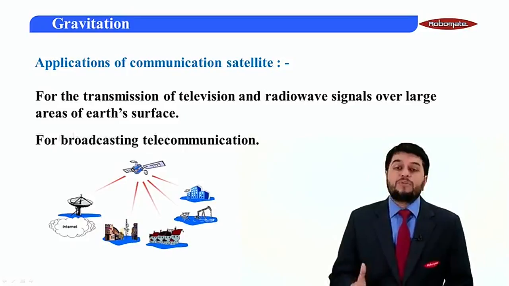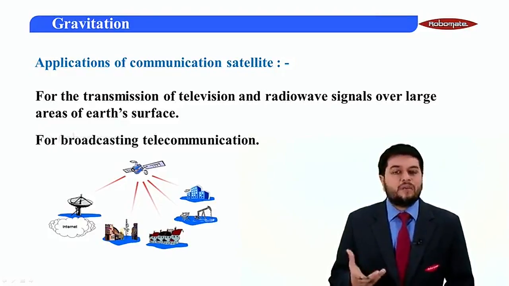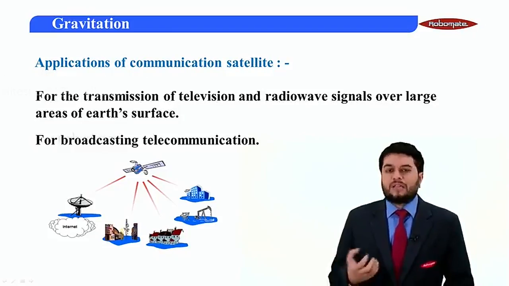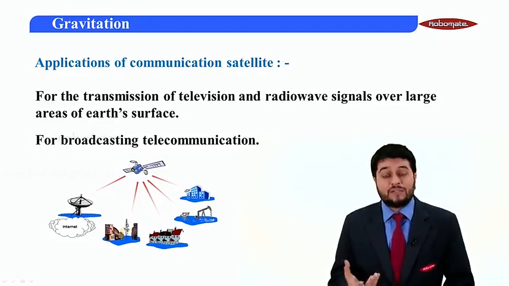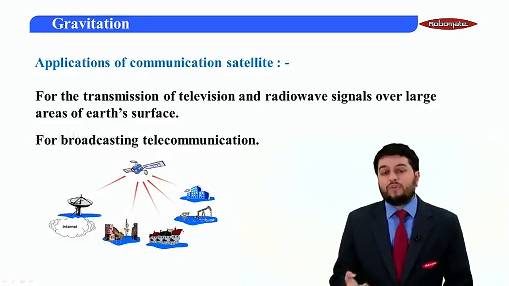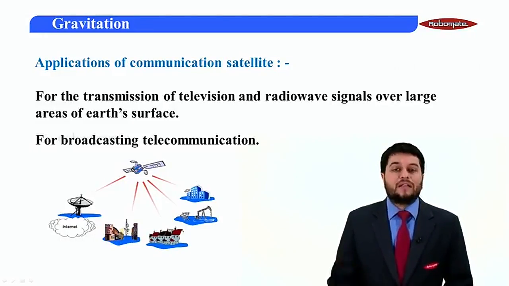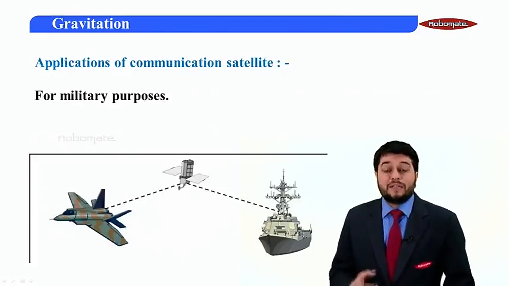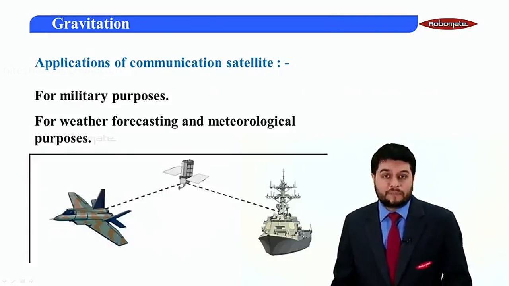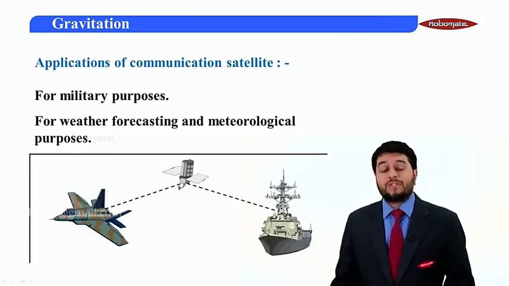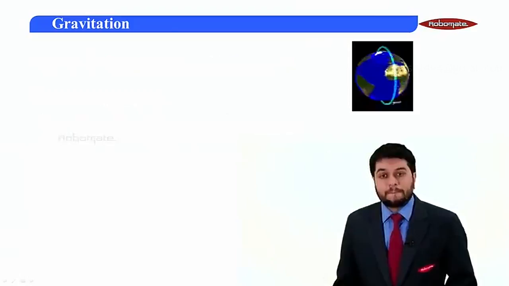Also, it can be used for broadcasting telecommunication signals and channels, which are private channels as well as reserved channels, defense channels, which are available over a bigger area of the region where the satellite is moving. Further, the communication satellite is also used for military purposes. It is used for weather forecasting and also for meteorological purposes.